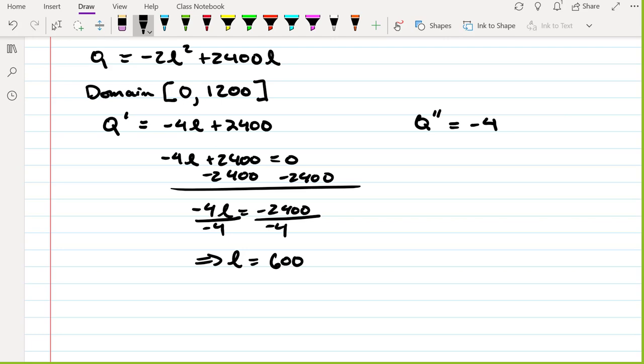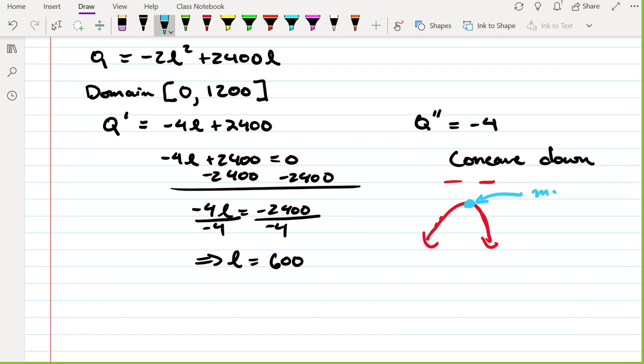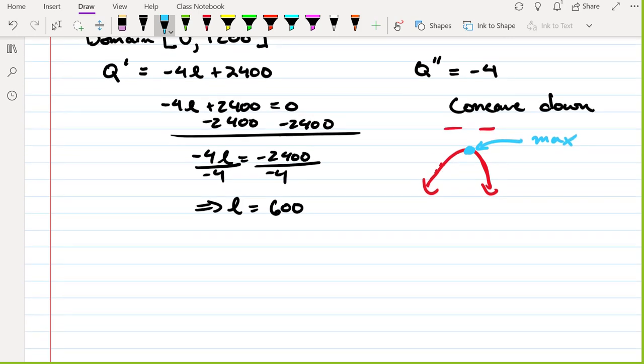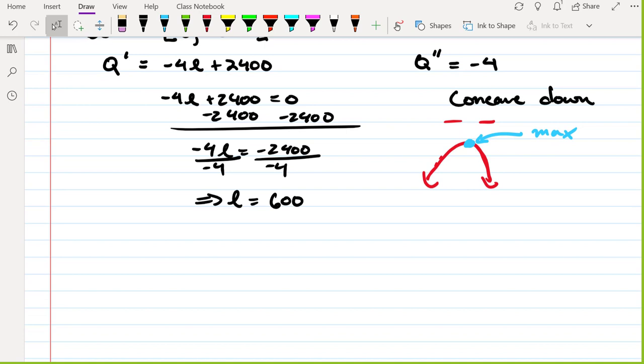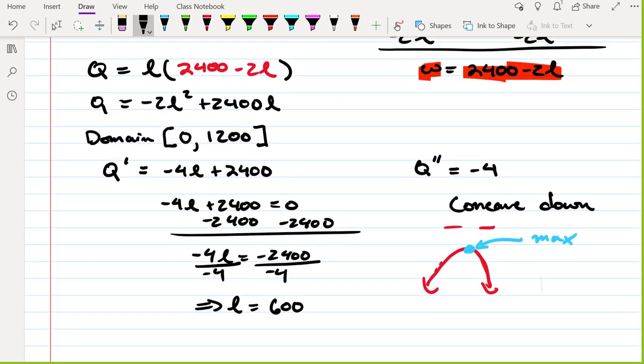So our graph is always concave down. If it's concave down, the second derivative test tells us the critical number has to be a max. So we are going to have a maximum at L equals 600.